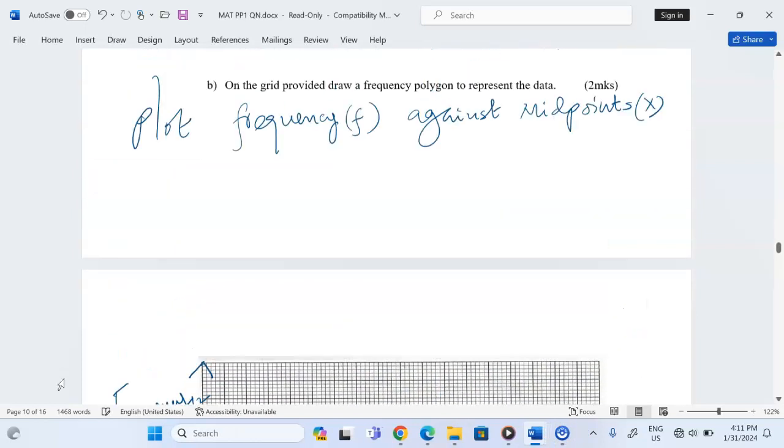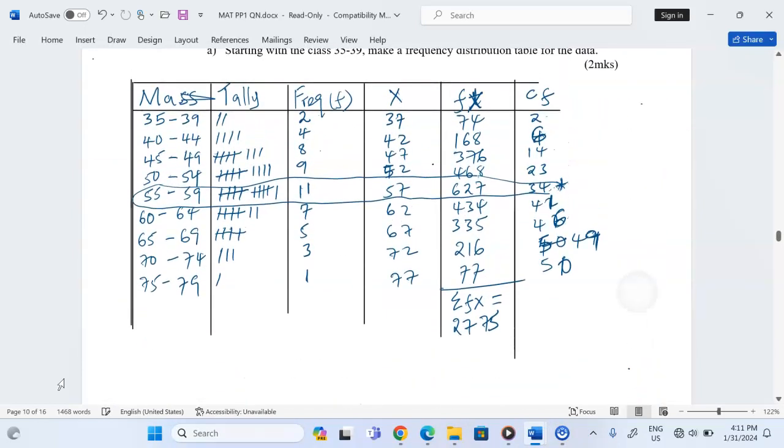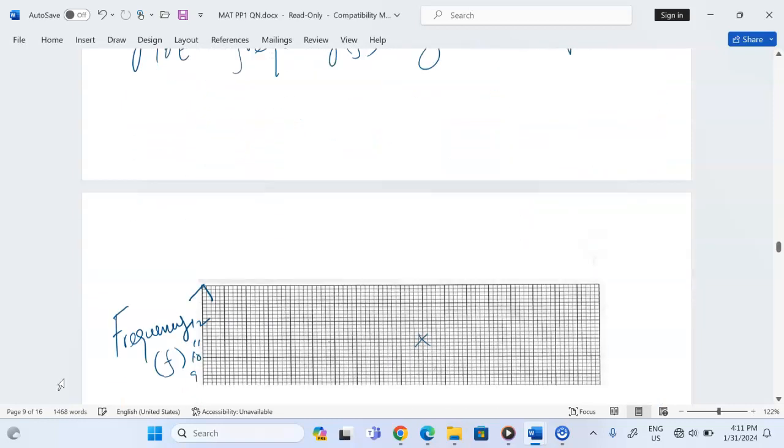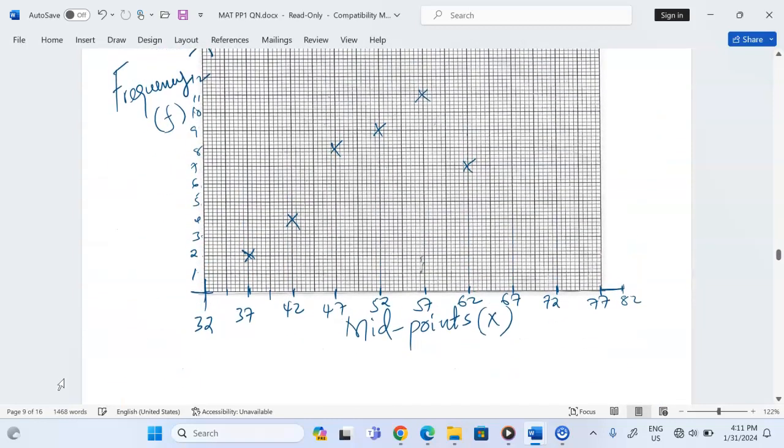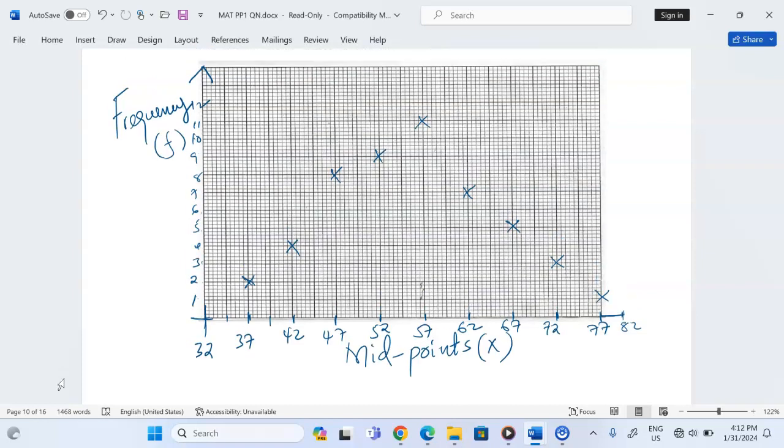We're also going to have 67 against 5, 72 against 3, and finally 77 against 1. So these are the midpoints and the frequencies plotted.